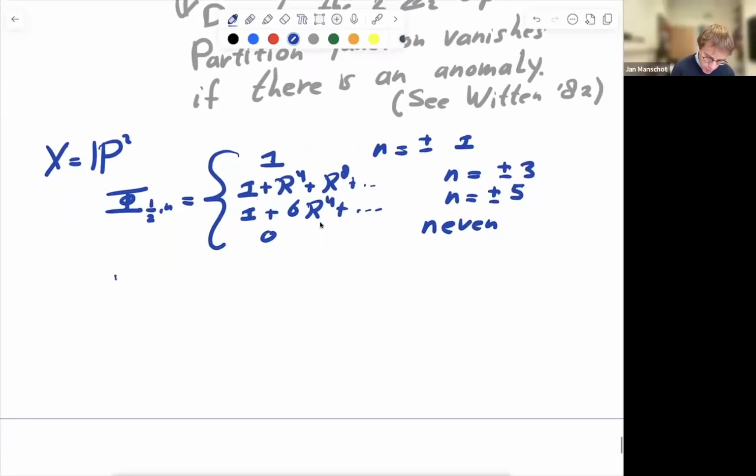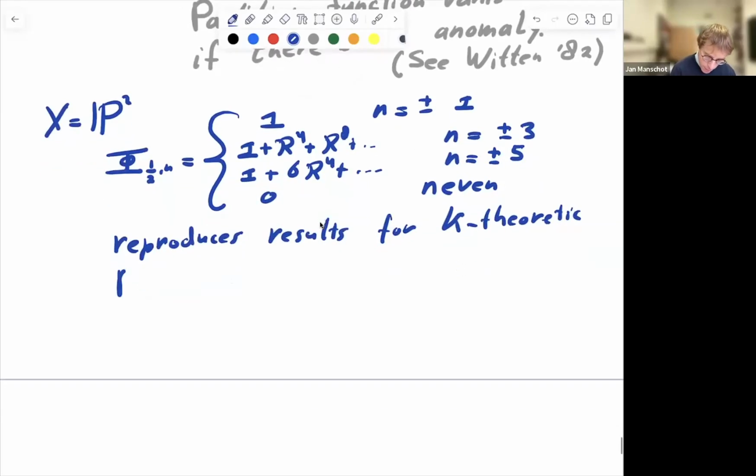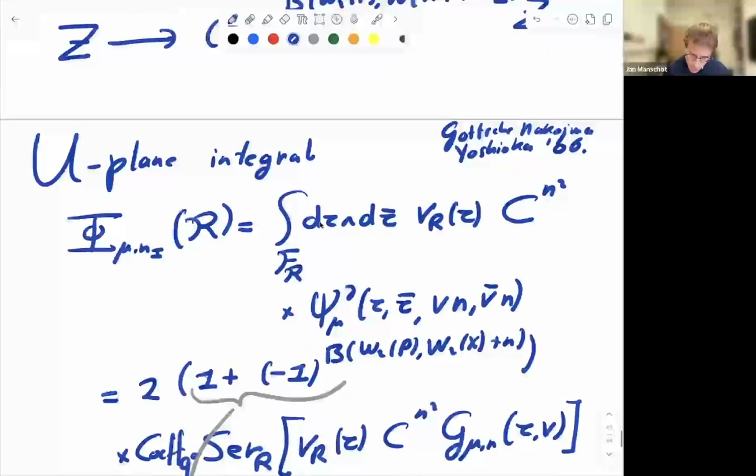And this reproduces nicely results for K-theoretic Donaldson invariants by Göttsche, Nakajima, Yoshioka, which I cited here.